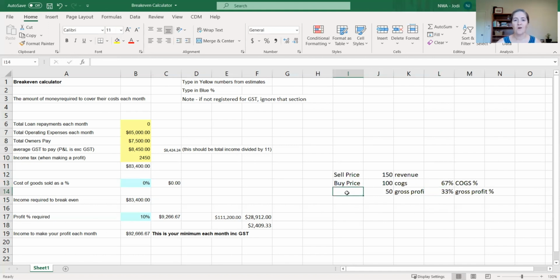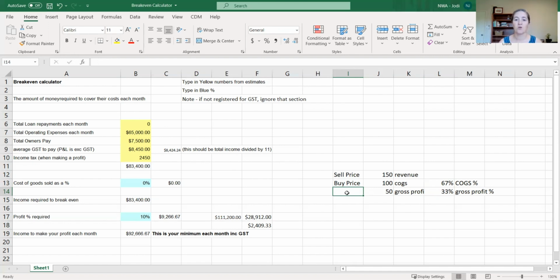So when I say you buy it for 100 and you're adding on $50, you're adding on 50% markup, but it's actually 67% cost of goods sold. So I just want you to remember that just because you're putting a markup on or adding a margin on top, it's actually not your cost of goods sold percentage.